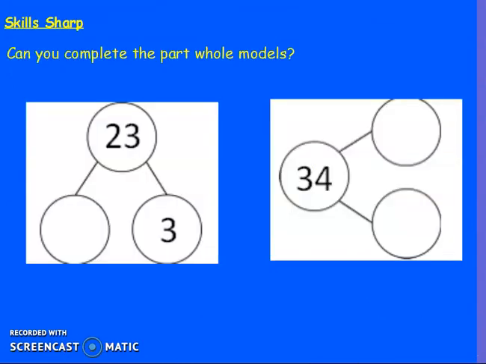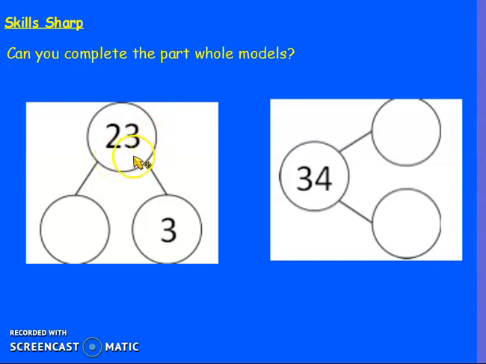Today's Skill Sharp is asking us to complete the whole part-whole model. Now, I don't know if you can remember, we did these just before Christmas in one of our assessments. And we talked about how one of the circles has the whole model, so the whole number, and coming from that is the number split into parts. So let's have a look at this whole model.